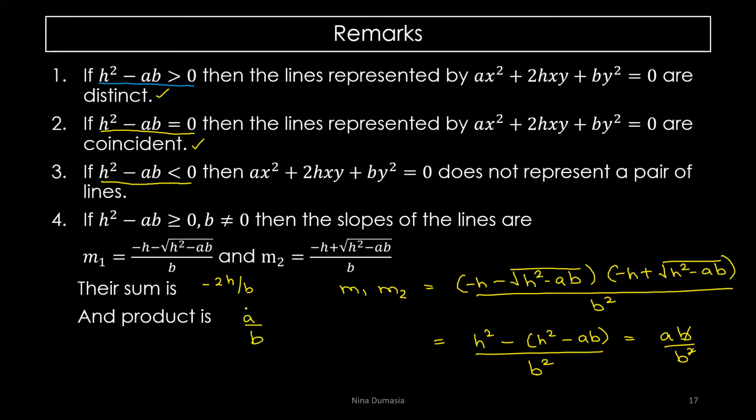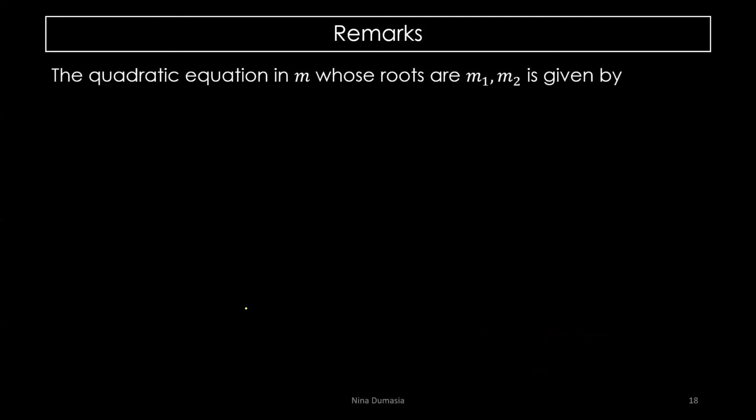So the product is a by b and the sum is minus 2h by b. Okay. So now if you look at these two things, we have that the sum is minus 2h by b and product is a by b. Can we form a quadratic equation जिसके रूट से m1 और m2 होंगे? Now I'm sure you already know कि अगर I have two roots alpha and beta, then इसका अगर quadratic बनाना है, then we do it by writing x square minus alpha plus beta sum of the two roots into x plus the product of the two roots alpha into beta.